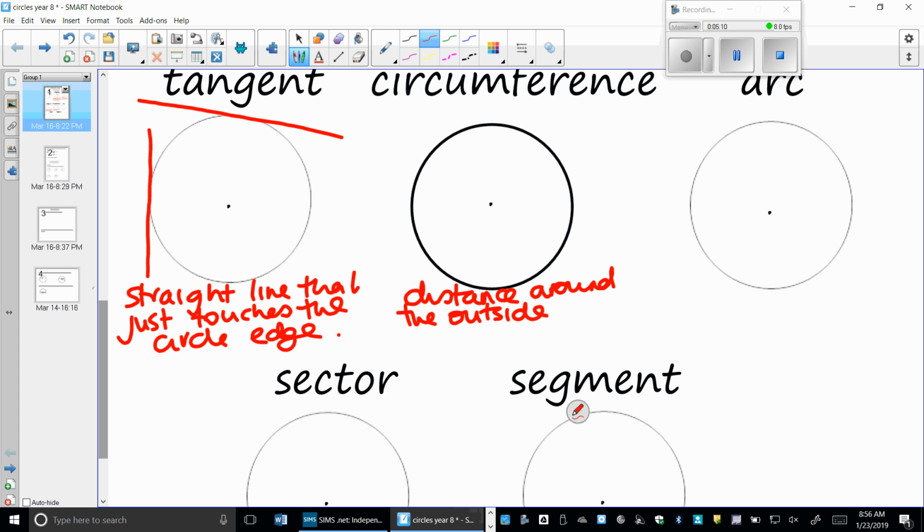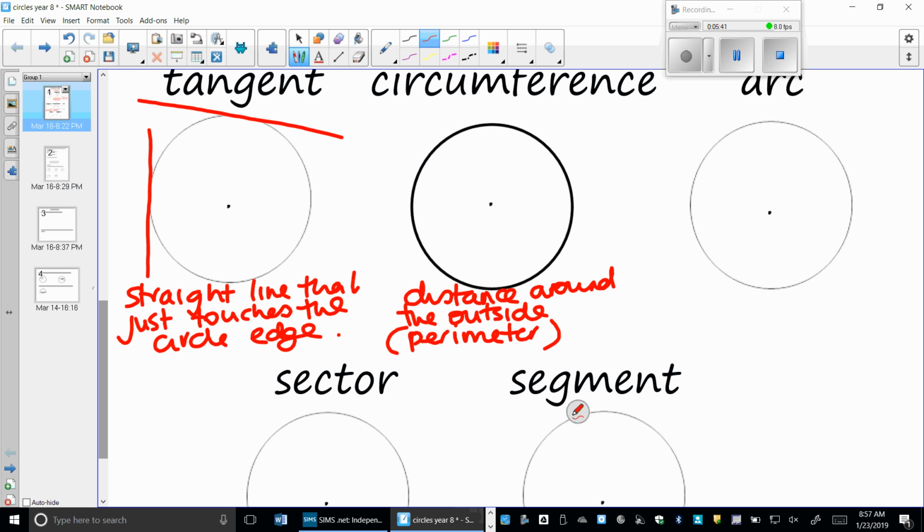And what do we normally call the distance around the outside of a shape? The perimeter. I'm going to put that in brackets because when we're talking about a circle, we would say find the circumference. We wouldn't generally say find the perimeter. But the circumference is the distance around the outside, the perimeter. And we'll come to the formula for that in a second. There's a special formula for that.